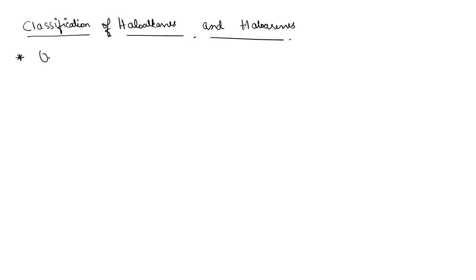So first, on the basis of the number of halogen atoms. Okay, so the first classification is that they have classified on the basis of the number of halogen atoms.